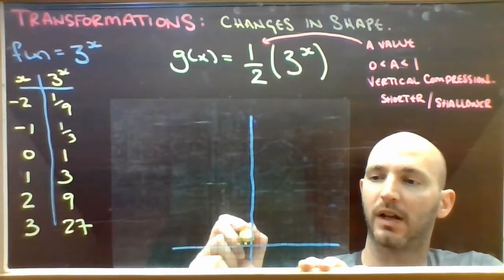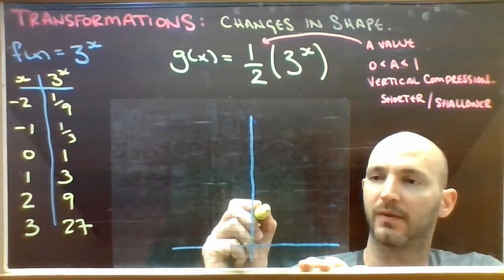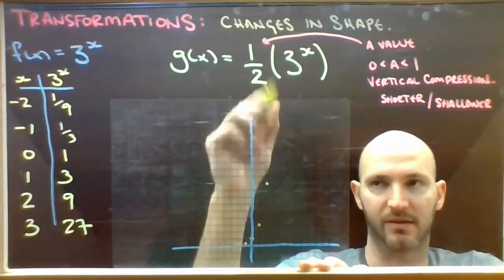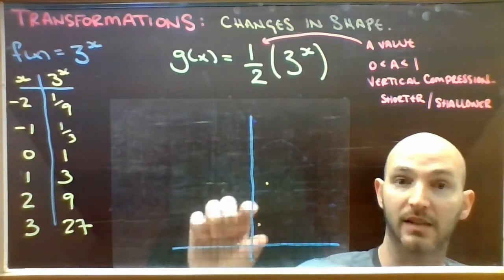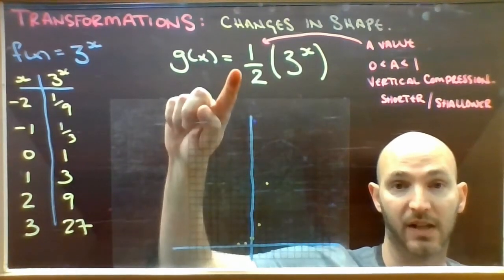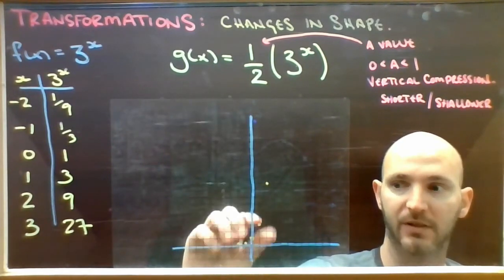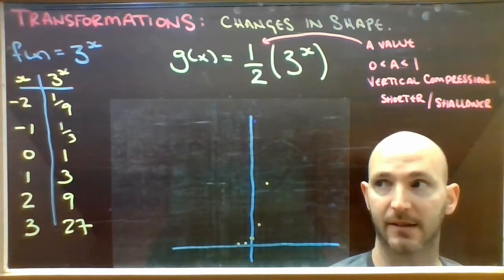At 0, I used to be at 1. At 1, I used to be at 3, at 2, 9, and at 3, 27, which is way off my grid. So these dots, after I apply this transformation, should be getting shorter or shallower. So I should expect this function to be squashed closer to the axis.